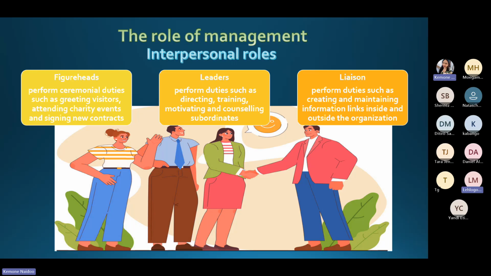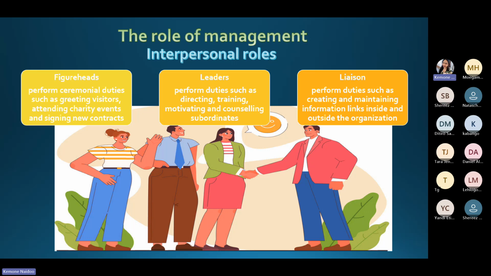Our figureheads are the managers that will attend events. They will also attend conferences, and they are looking at being the head for, or like the spokesperson for, that department.